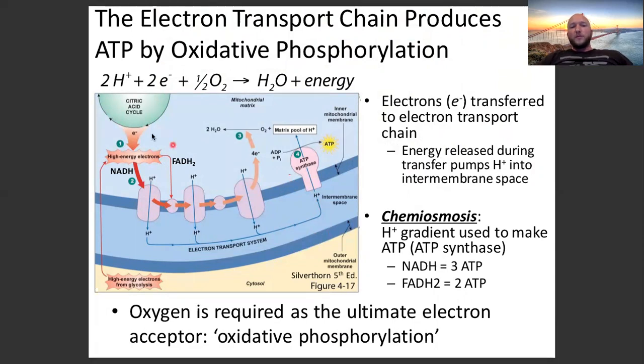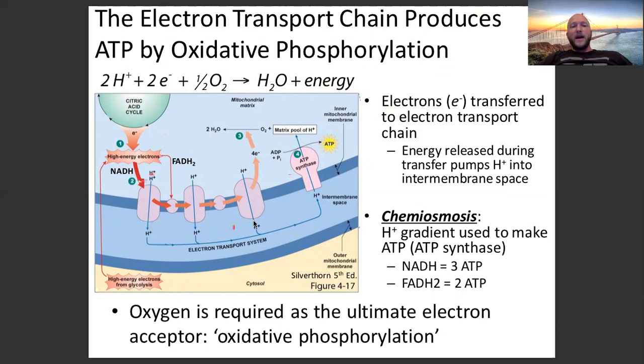What we're going to do is use those NADHs and those FADH2s, those high energy electrons, to move hydrogen ions from the mitochondrial matrix, the innermost chamber of the mitochondria, into the intermembranous space, the space in between the 2 membranes.